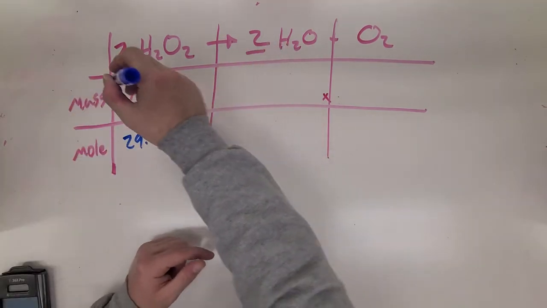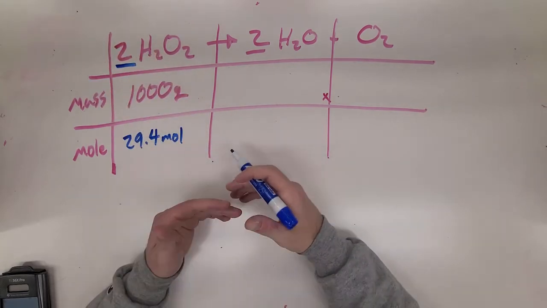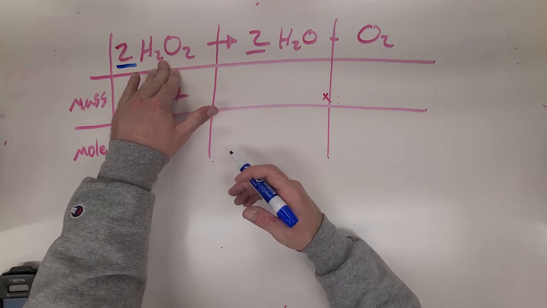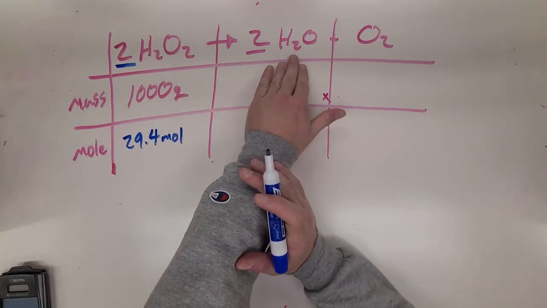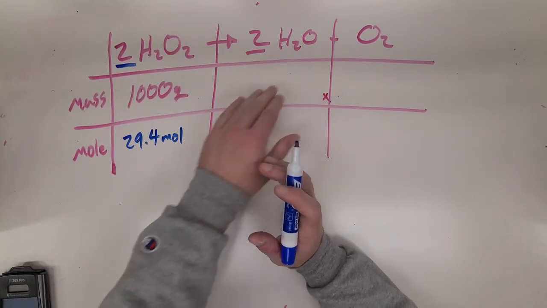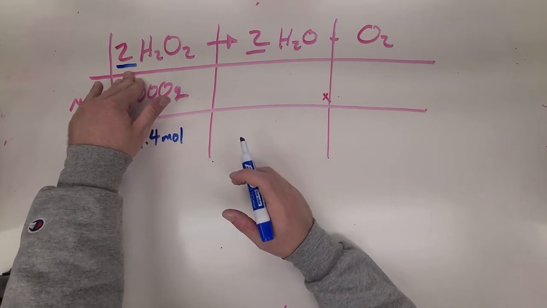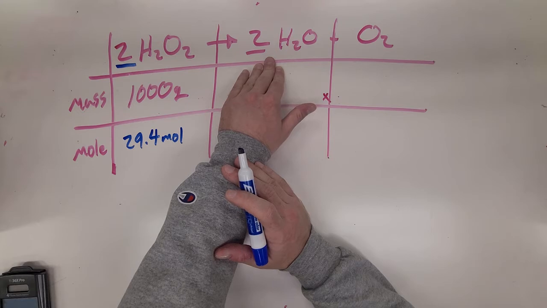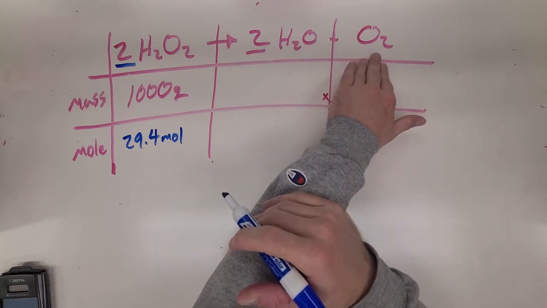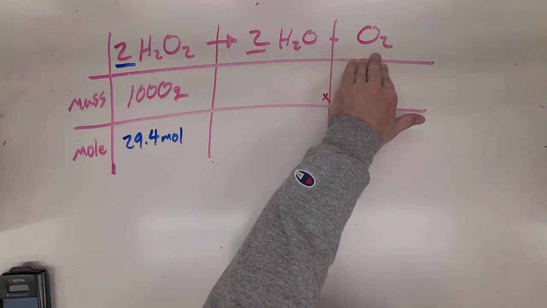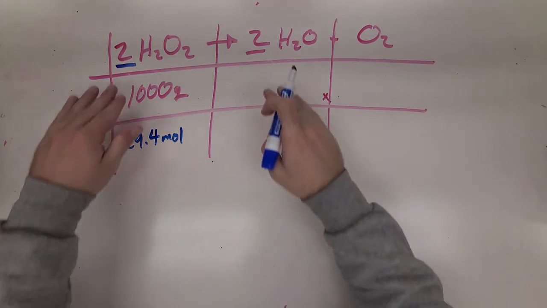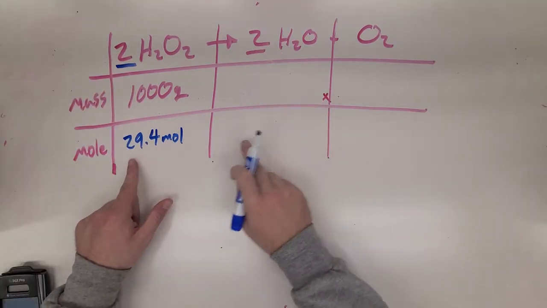What these numbers represent is just the ratio of molecules of hydrogen peroxide that would produce water molecules. So for every 2 hydrogen peroxide molecules that we have, 2 molecules of water would end up getting produced for every 1 molecule of oxygen gas that would get produced as a result of this.